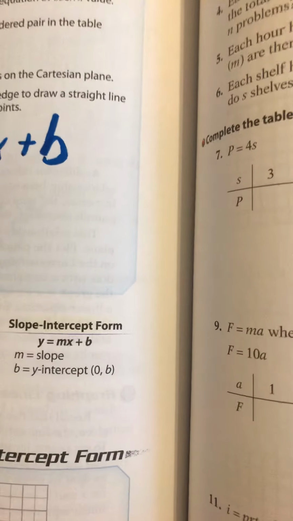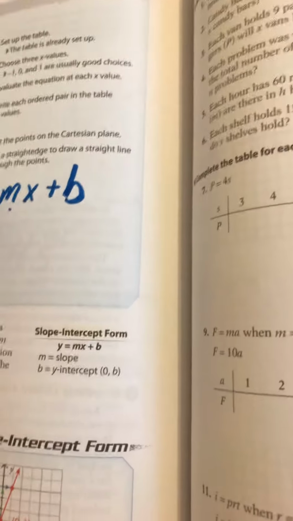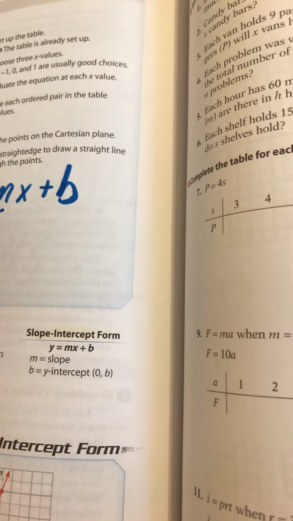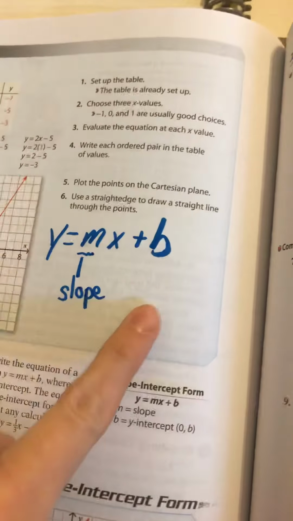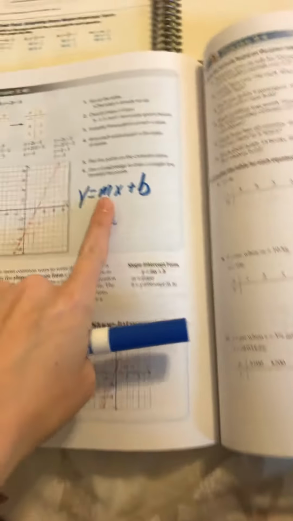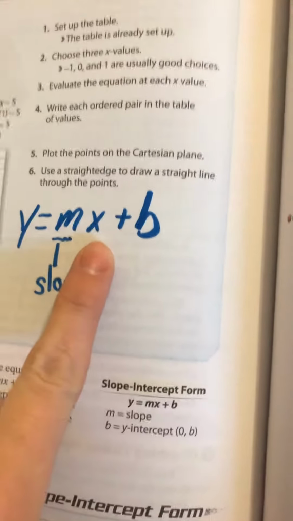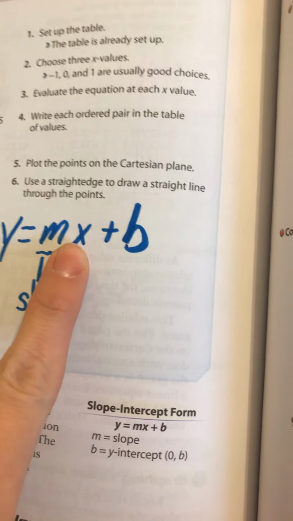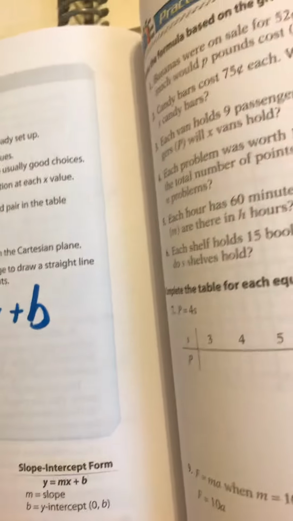Well, we know m stands for the slope. X and y, x is your input, y is your output, so you can put anything in for x and it's going to change the value of y. And then b is your y-intercept.